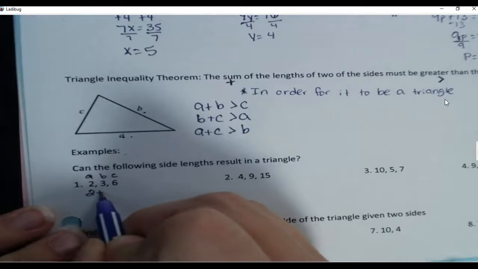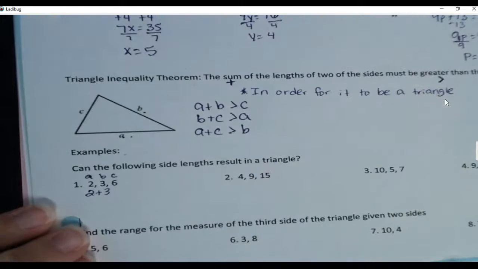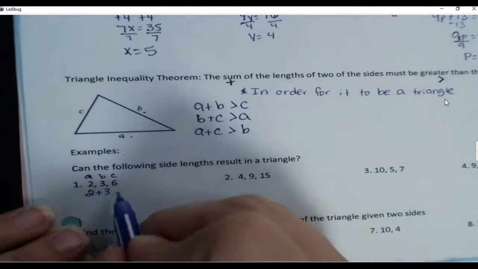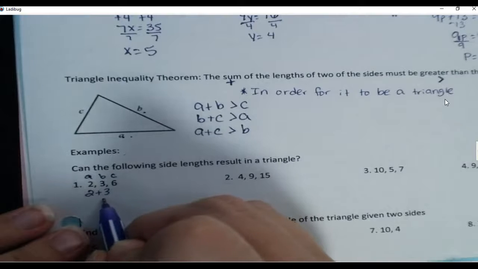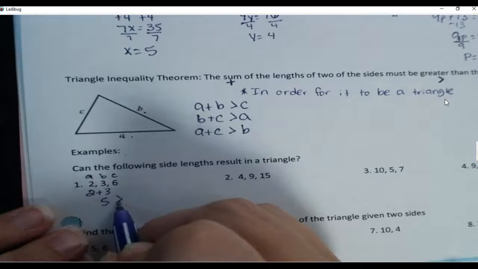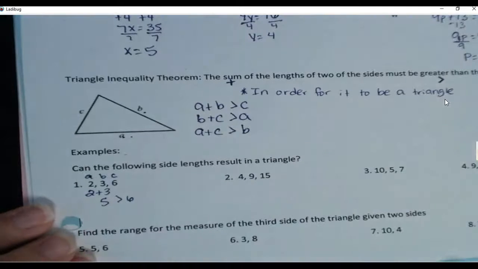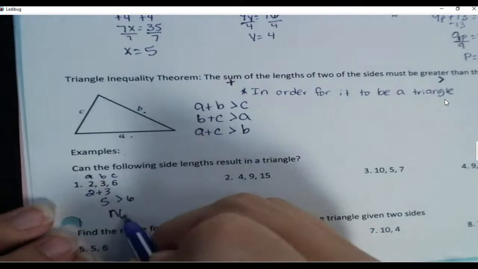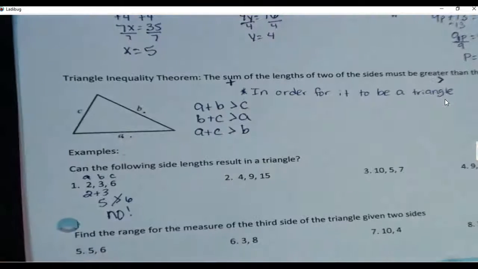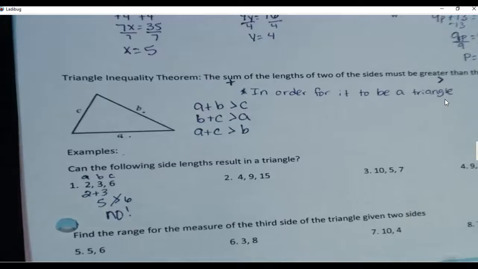So 2 plus 3 is 5. Is 5 greater than 6? No. So that does not work. So this could never be a triangle, sadly, even if it wanted to be.